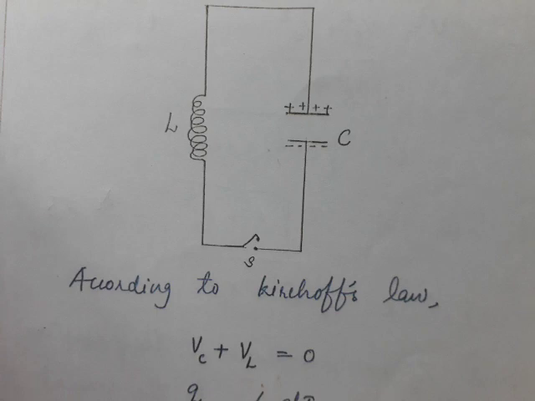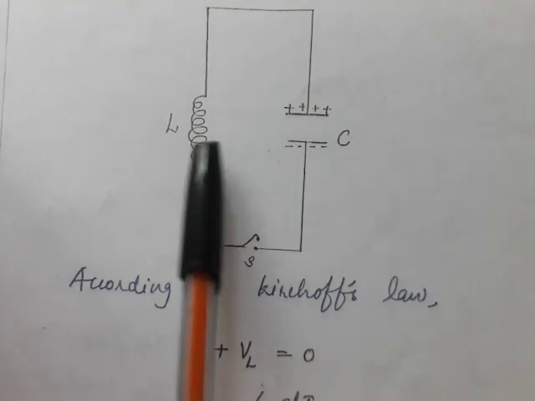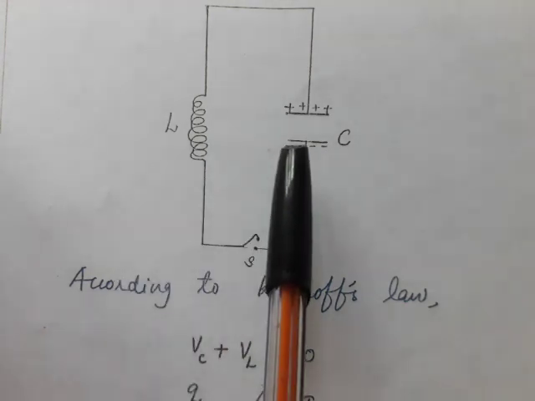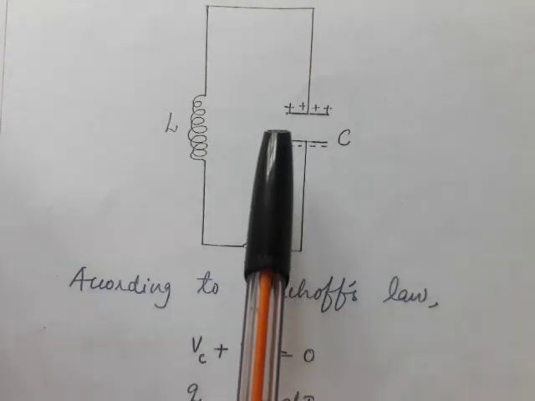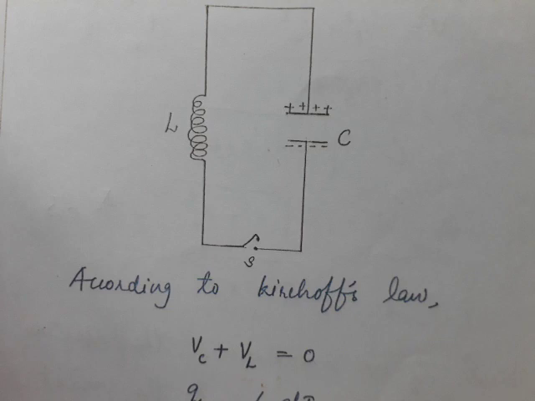So there is a voltage across the capacitor and a voltage across the inductor. The voltage across the capacitor we can find using the basic definition of capacitance, that is C is equal to Q by V. And the voltage across the inductor we calculated as L di by dt.